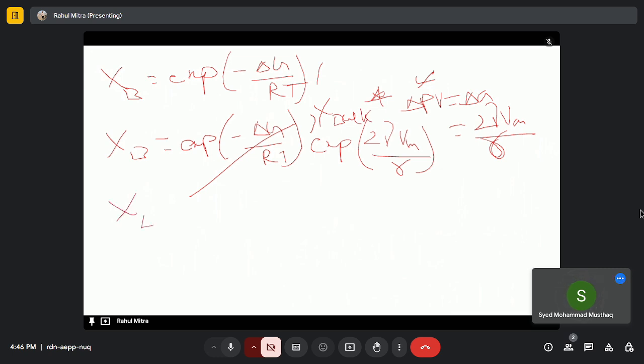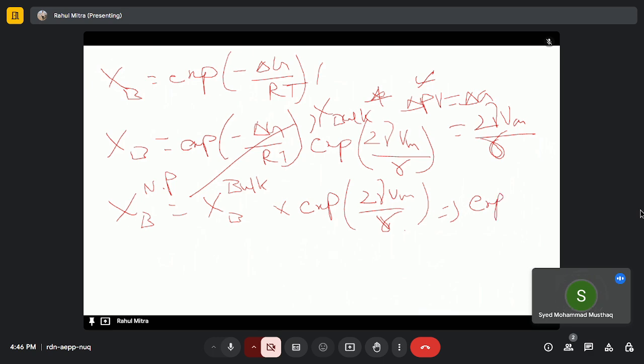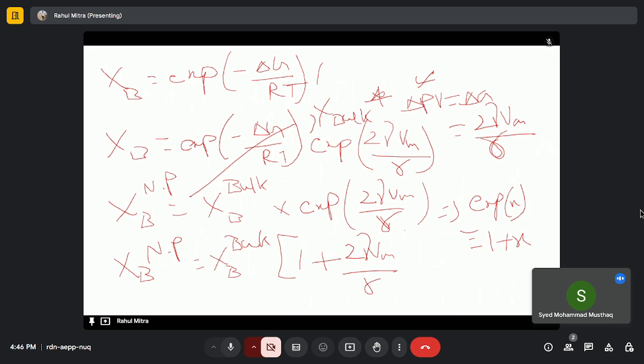So let's say for a nanoparticle, xB bulk times exponential 2 gamma by R. Now again, from the Taylor expansion, exponential of x is approximately equal to 1 plus x. So xB nanoparticle equals xB bulk times 1 plus 2 gamma by R.